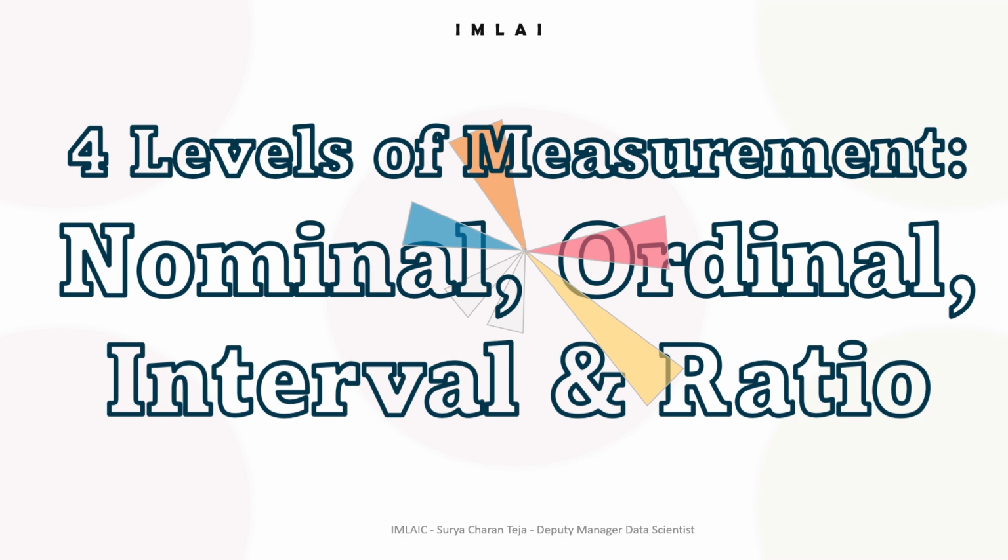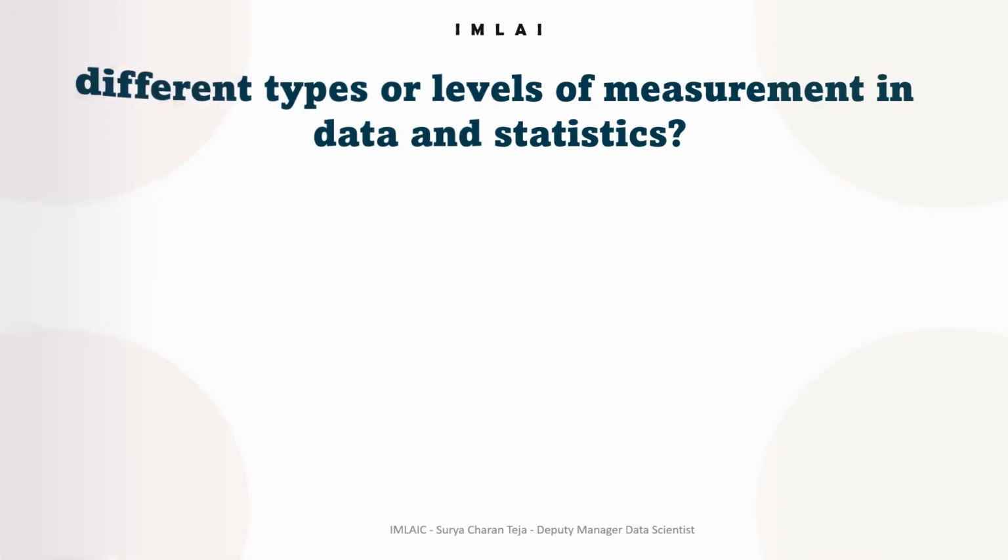The making of data types is based on the levels of measurement. We have four levels of measurement, and all variable or data types are made up based on them. So now let's jump into the four levels of measurement section, which are nominal, ordinal, interval, and ratio.